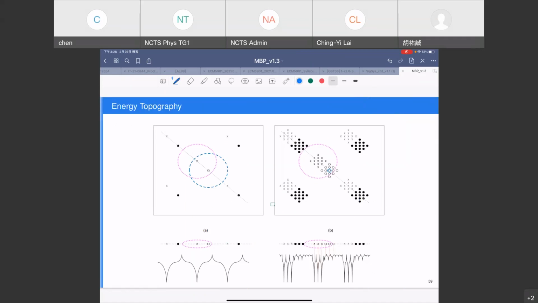Anyway, so the next idea here is using this energy topograph. In a classical coding problem, we will have an energy topograph like this one. If the error is this circle here, you will locate this local minima easily. But in the quantum case, due to the result of the four cycles, you will see there are several ripples here.